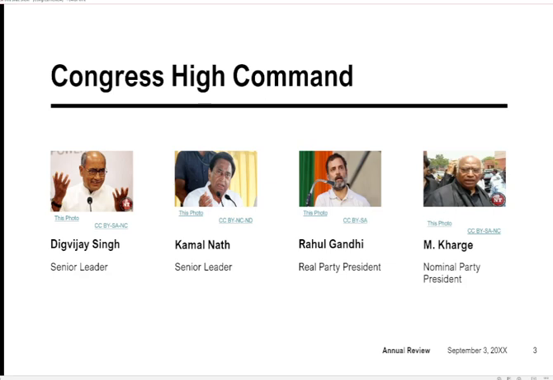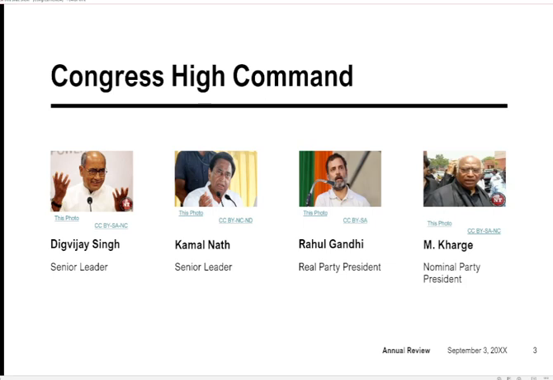But from 2014 and another general election in 2019, Congress doesn't seem to pass the three-digit mark. It is left with a number of seats under the 100 mark.